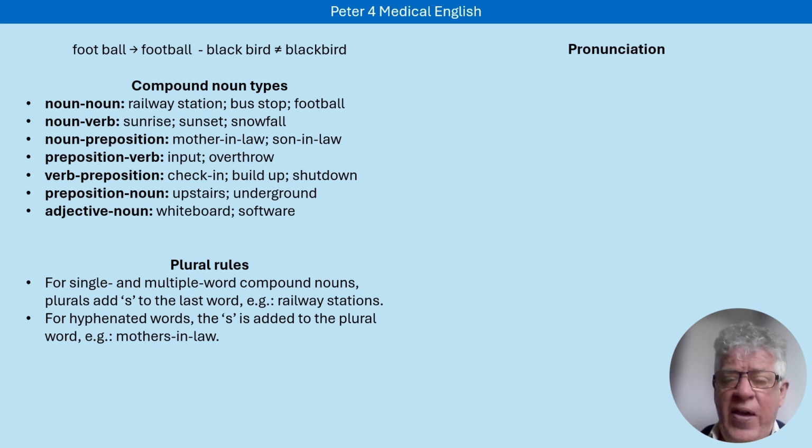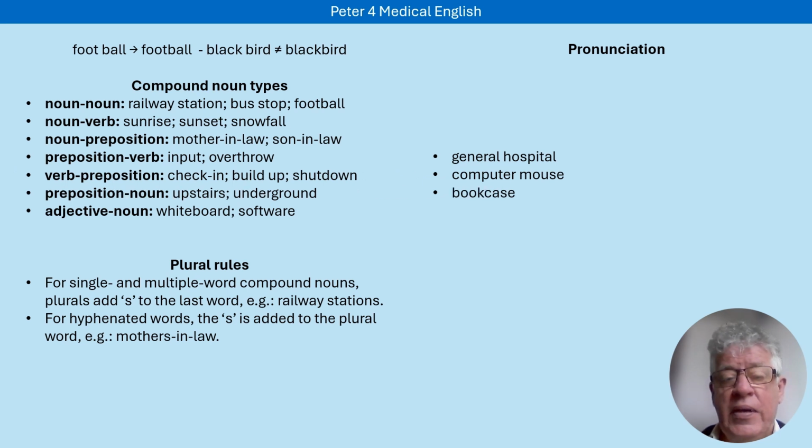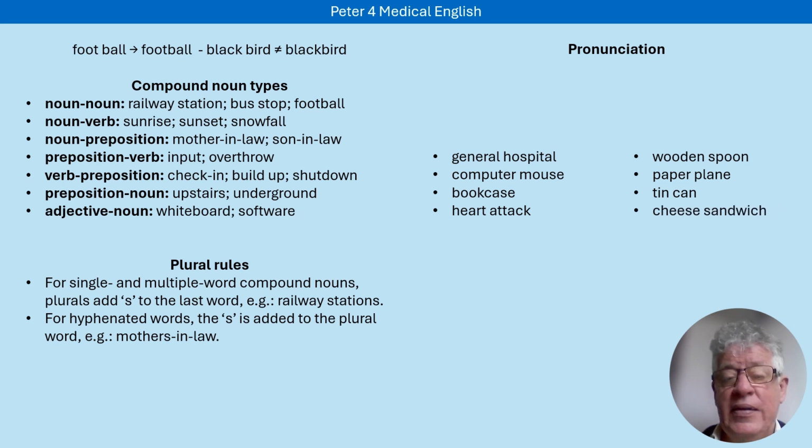But there's also a little bit of a rule of pronunciation. I'll give out some compound nouns and see if you can hear the difference. So we've got general hospital, computer mouse, bookcase, and heart attack. That's different from these. See if you can hear the difference. Wooden spoon, paper plane, tin can, cheese sandwich.